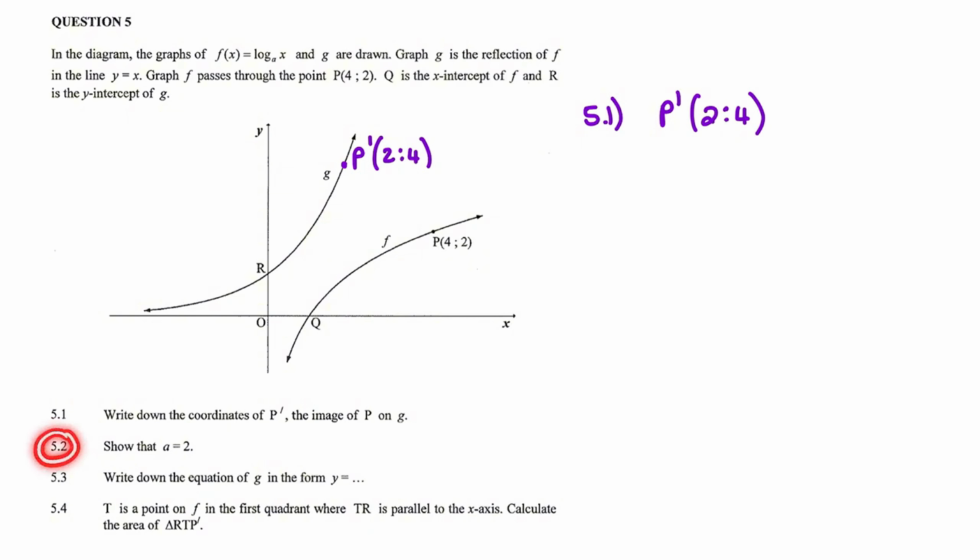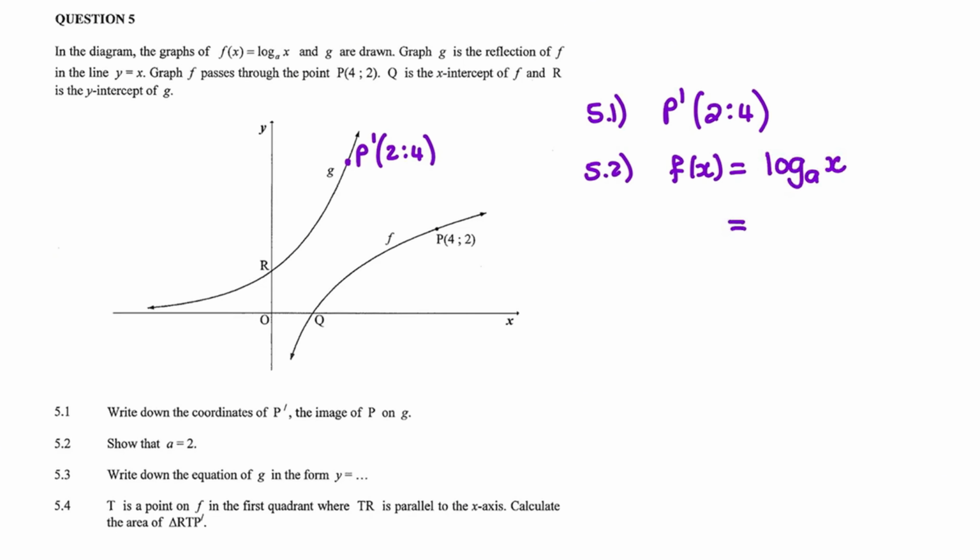5.2. Show that a equals 2. Now, a is the base of our log. For 5.2, we are given that f(x) equals log base a of x. Now, we substitute the point P, which is (4; 2), into that equation.